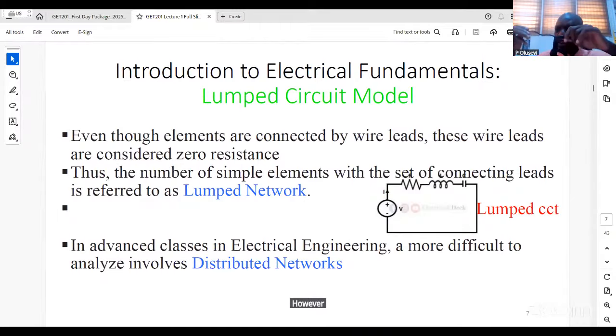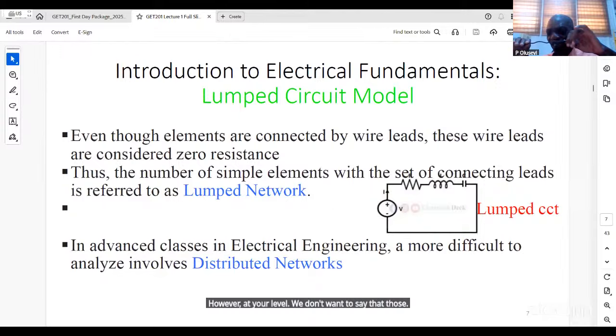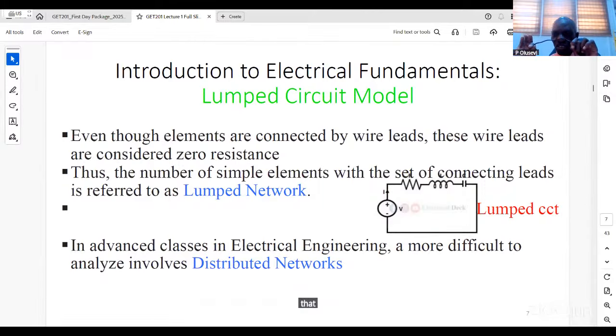However, at your level, we don't want to say that those parameters, that is the resistance, inductance, and capacitance in this cable, are distributed. So we say, let us gather all of them together. As long as this cable is, let's say, from this finger to the other finger, from the right hand to the left hand, let's say that's the total length that I want to use to supply electricity from one point to another device.